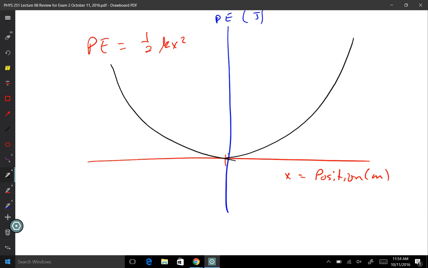So the force that's going to be actually pulling it is just going to be proportional to the slope. And of course, what is the slope mathematically? The derivative. And so this gradient is just allowing us to do it in 3 dimensions. So you can see the relationship. Anytime you see a graph of potential energy, you can see what the force is going to be like. Just look at that and say, okay, the slope of this curve is going to tell me what the force is at any location.